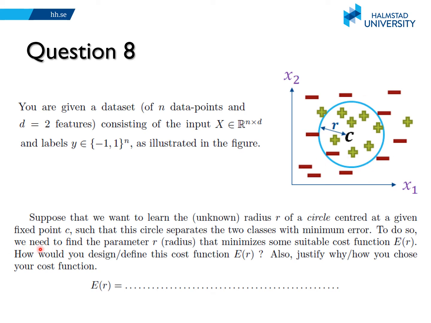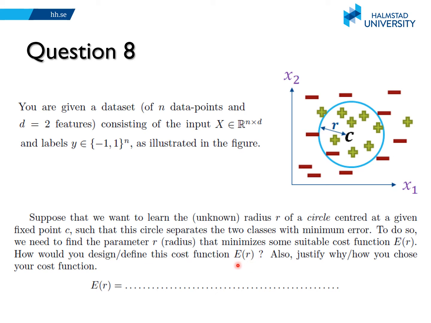So to do this, you need to find the parameter R that minimizes some suitable cost function, right? So E of R, this cost function depends on R. So our parameters that we usually call theta are now called R. This is just one parameter value, R. So the question here is, how would you define or design such a cost function?